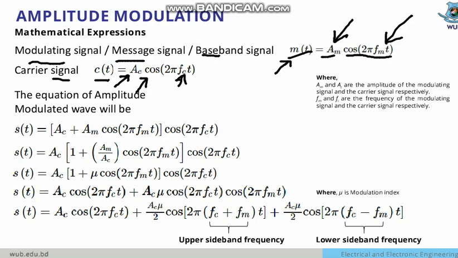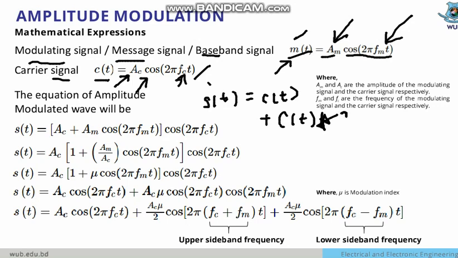In the equation of amplitude modulation, the amplitude modulated wave is the multiplication of these two waves, c(t) and m(t). The modulated wave s(t) is the carrier c(t) plus c(t) into m(t).